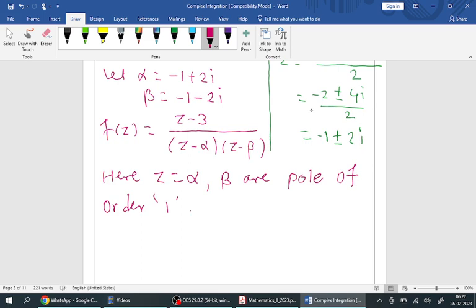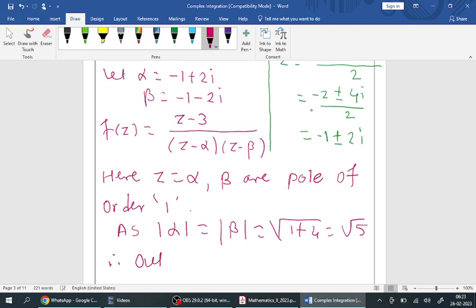If we calculate, mod alpha is equal to mod beta, because they are conjugates, which is the square root of x square plus y square, so 1 plus 4, root 5. Is root 5 less than or greater than 1? Root 5 is obviously greater than 1. Therefore, they are outside the circle mod z equal to 1.